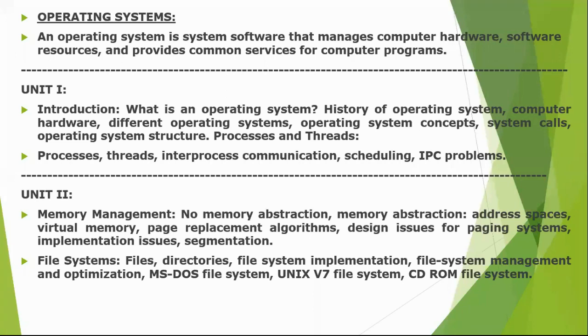In operating system, the first unit includes the introduction part, what an operating system is, then the history of operating systems, how they evolved over the years. Then computer hardware, what kinds of different operating systems we have.